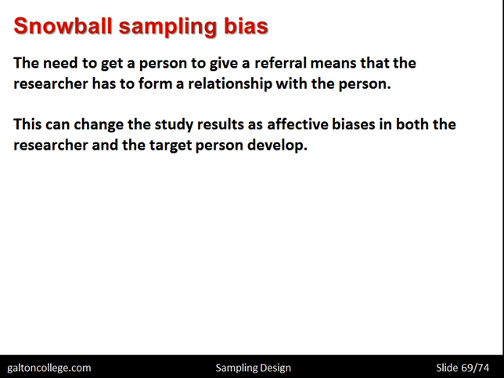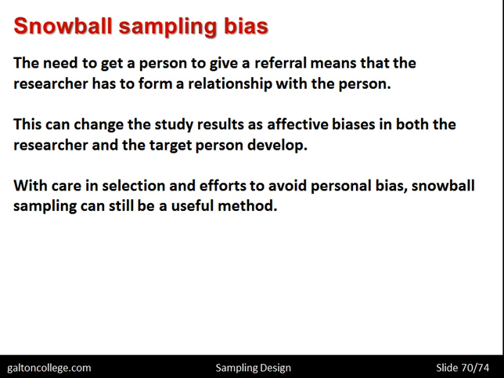So when a relationship builds between the person being sampled and the researcher, problems arise. With care and selection and effort to avoid personal bias, snowball sampling, I should say, can still be a useful method. So even though there are situations where there's bias and there's likely to be bias with this method, it still can be useful.